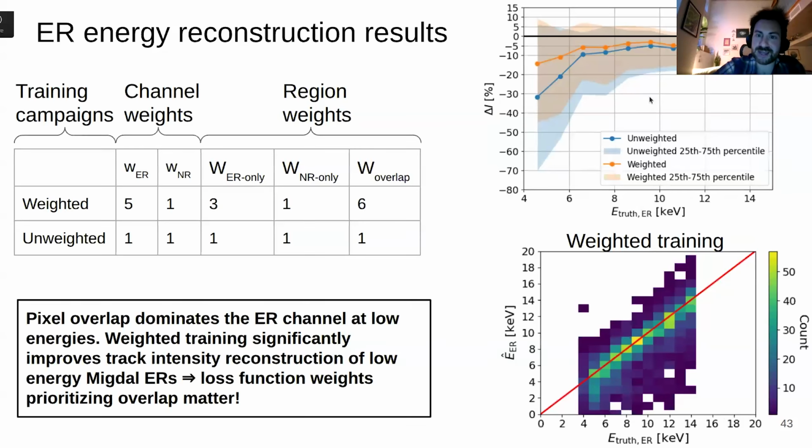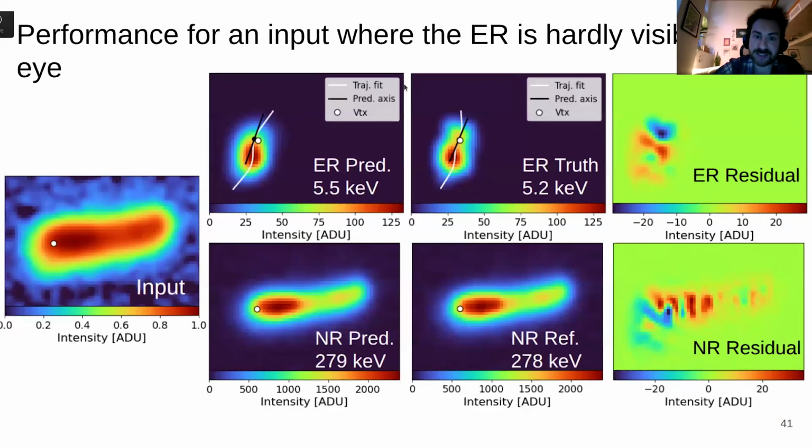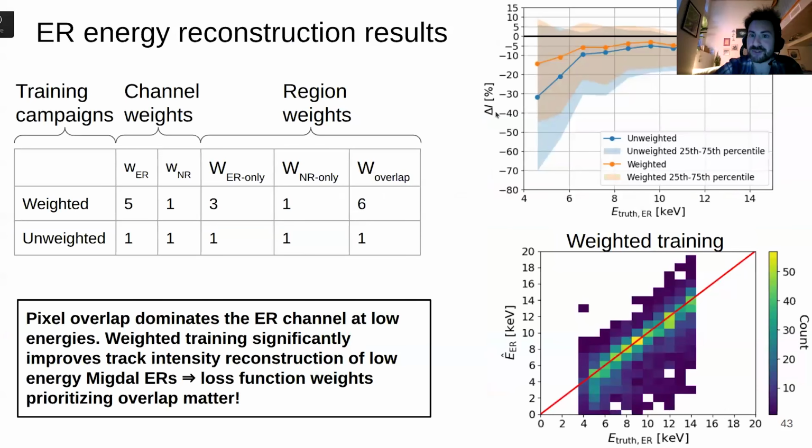Going back to that weighted part, we compared the track intensities that you get, summing up the intensity of the pixels and comparing it to truth. We computed that percent difference using a normal segmentation regression loss function, one where all of the weights are set to 1.